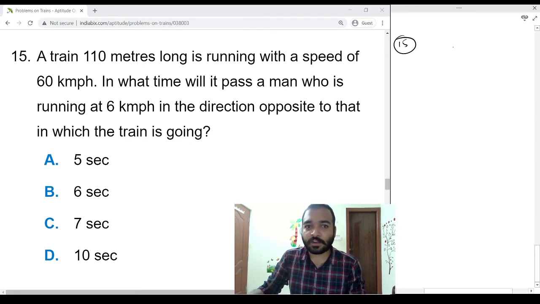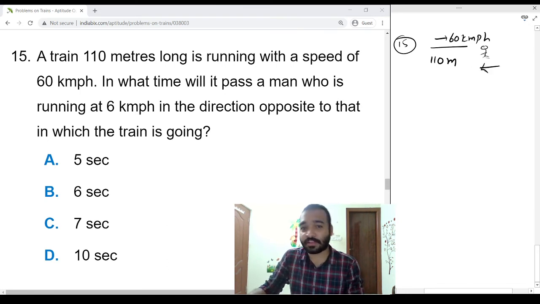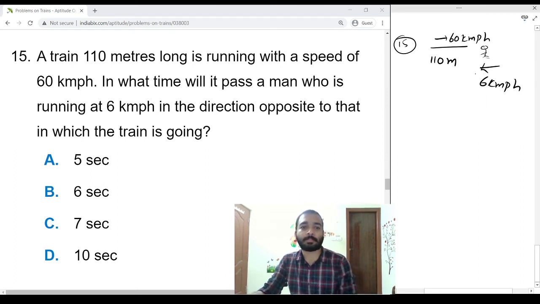A train 110 meters is running with a speed of 60 kmph. In what time will it pass a man who is running at 6 kmph in the opposite direction? We need to find out the time.